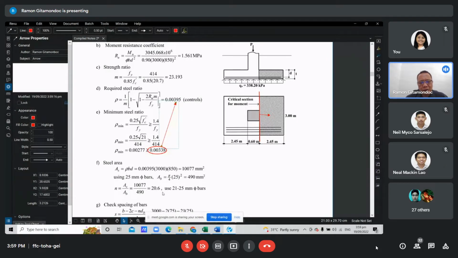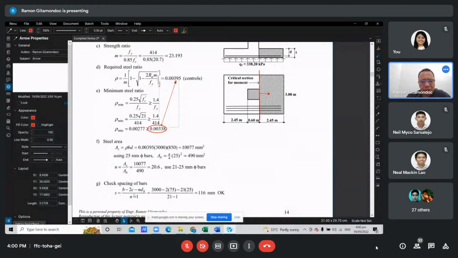That's 20.6, so we round off to the next higher integer. Use 21 bars, 25 mm diameter. This steel reinforcement is to be distributed equally across this width.